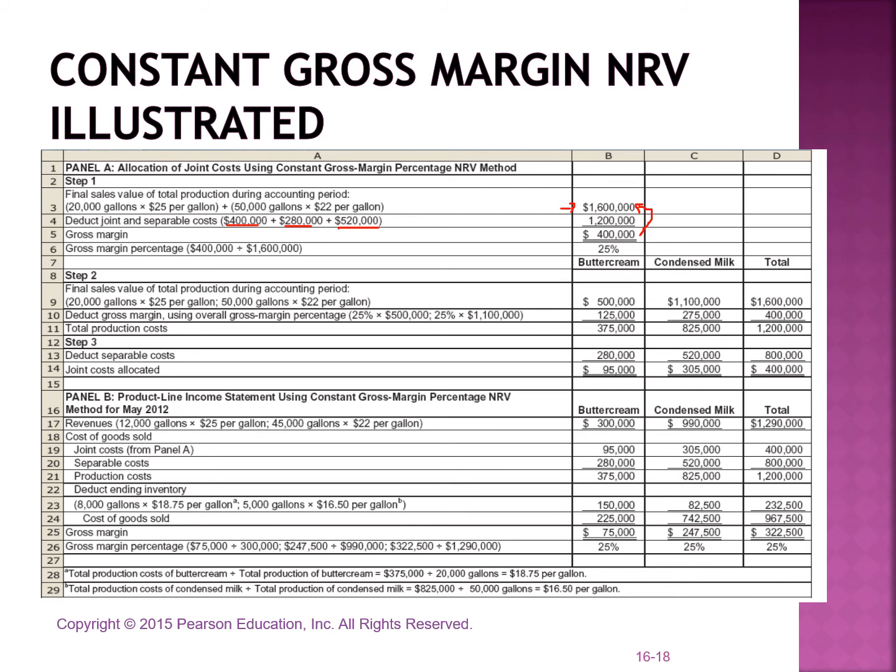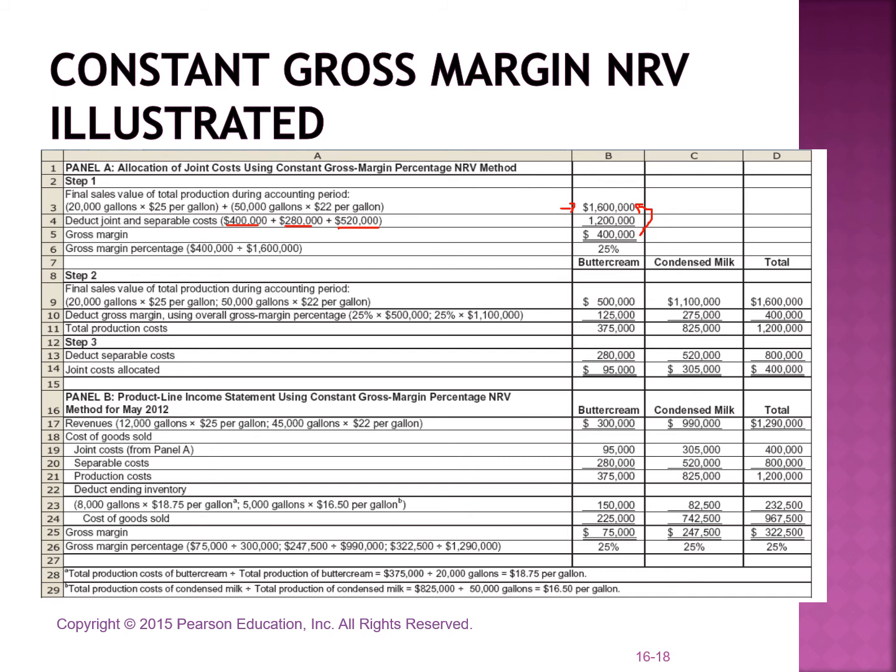Again, these are the numbers that I already did here in total. I will do it on an individual basis, 20,000 gallons by $25, it is 500. The second product, 50,000 by 22, which is 1 million. The total 1,600,000. This is what we have calculated here.